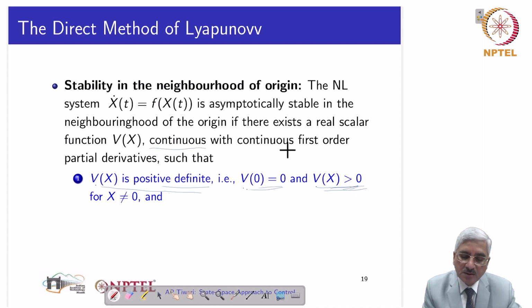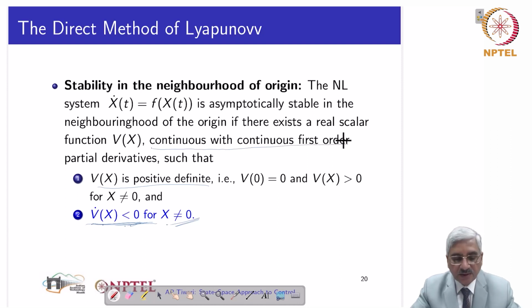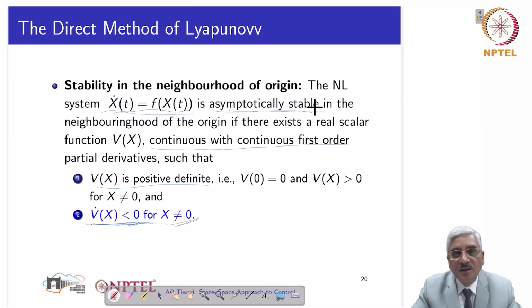So if it is continuous with continuous first order partial derivatives, and if it is positive definite, and in addition if its first time derivative V dot is negative definite at all those points other than the origin, then the system will be asymptotically stable in the neighborhood of the origin, and origin is that point of equilibrium of the nonlinear system.